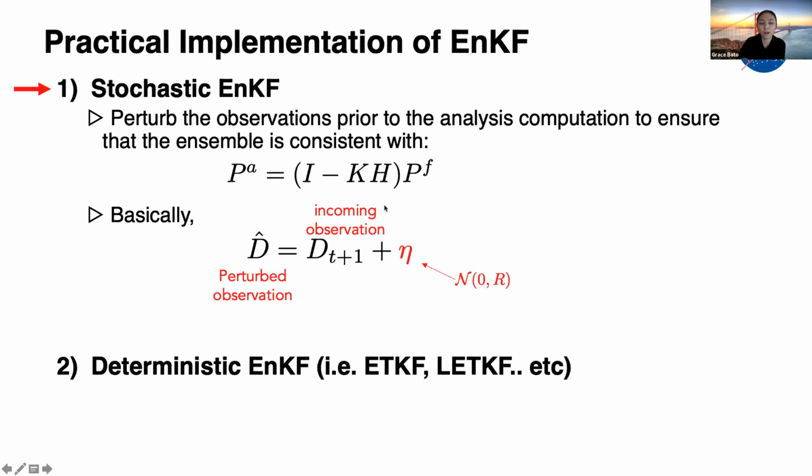So there are a lot of variants, deterministic ways to approximate this equation here. For the stochastic approach, what we do is, prior to the computation of the analysis or XA, we perturb the observations, and we use the noise coming from your observation error distribution, which is characterized by this term here.